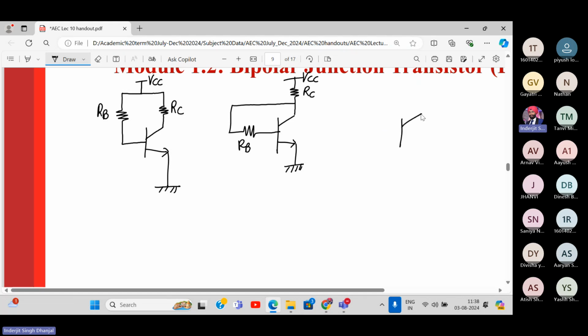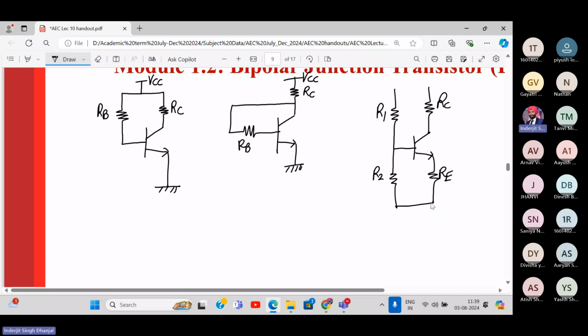Then you have, let me take it a little down. I will name it later, just draw the circuits for the time being. We have a collector resistor, we have an emitter terminal resistor, then we have a potential divider R1 and R2.